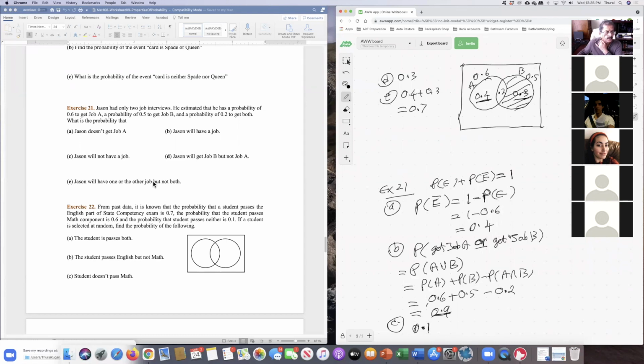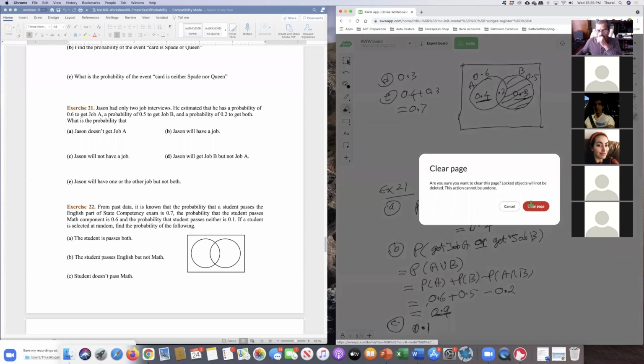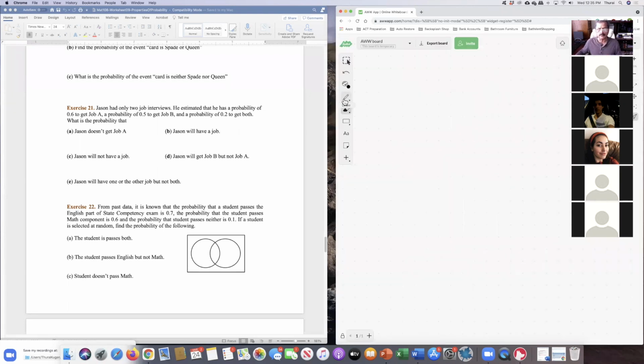Exercise 22: from past data, it is known that the probability that a student passes the English component is 0.7, the math component 0.6, and passes neither is 0.1. All right, so that's clearly a Venn diagram problem. Let's do the Venn diagram.